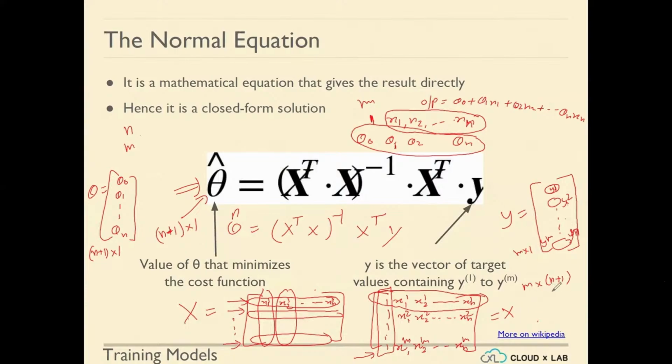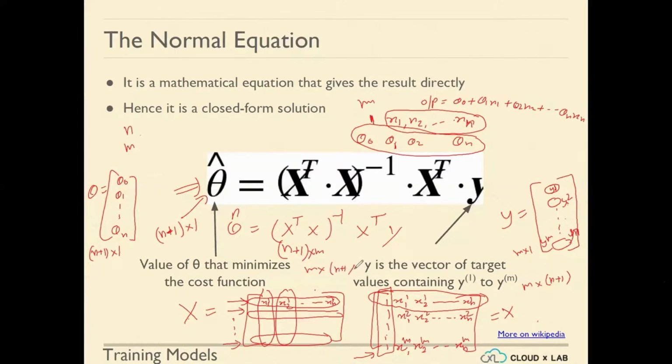Okay, so size of x is m cross n plus 1. So what will be the size of x transpose? Size of x transpose will be n plus 1 cross m, right? If size of x is m cross n plus 1, size of x transpose will be n plus 1 cross m. Then we will have this x, so we will have m cross n plus 1.